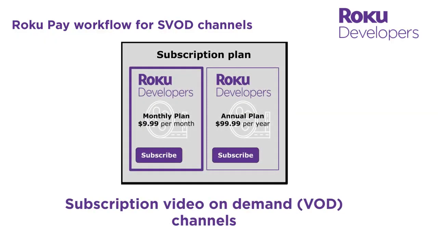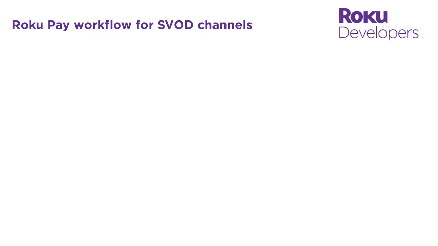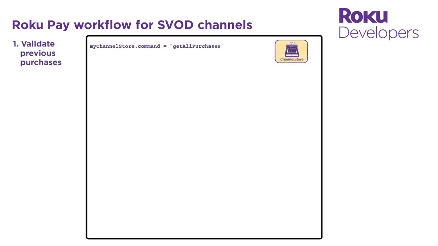Video on-demand channels that monetize content through subscriptions are referred to as SVOD channels. The Roku Pay workflow for an SVOD channel typically entails verifying on-device whether customers have access to content by validating their previous purchases.